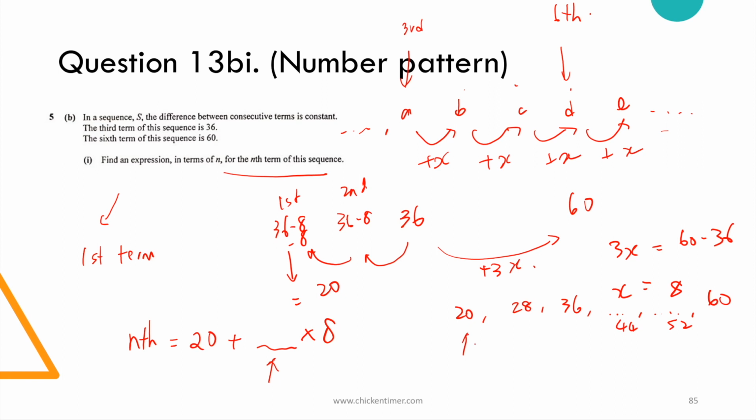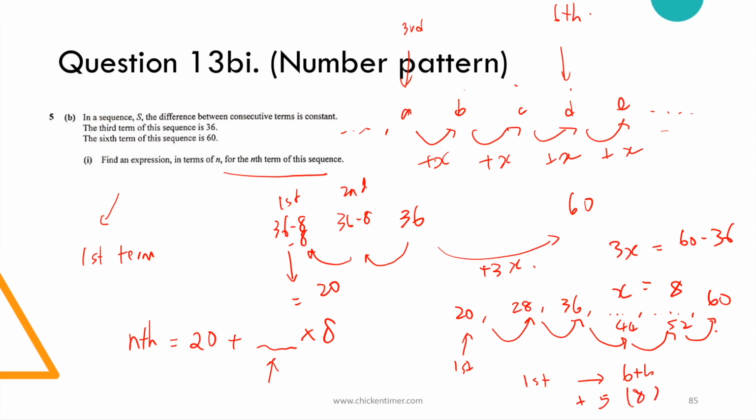So this is the first term. To go to the sixth term, you plus 1 eight, plus 2 eights, plus 3 eights, plus 4 eights, plus 5 eights. So from the first to the sixth term, you plus 5 eights.